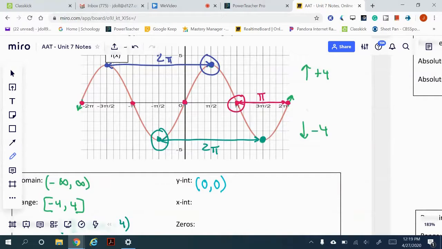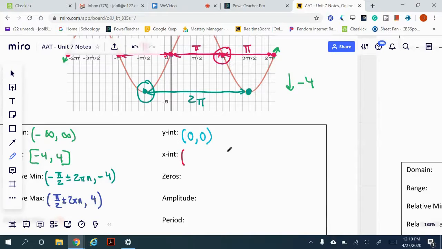Now, there will be times, guys, where depending on how your graph gets shifted up and down, you may have to describe 2 different sets of x-intercepts, but we'll talk about that more when we come across an example like that. A lot of times, this is going to be the situation where notice the distance between every pair of consecutive x-intercepts is indeed pi.